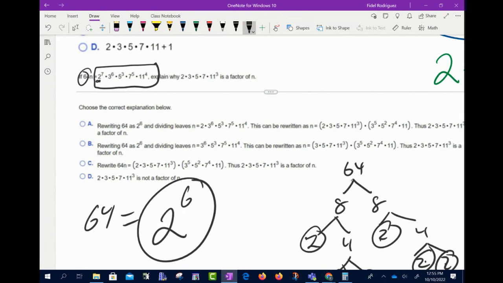I had 7, right? If I take away 6, would you guys agree that I'm left with 1, 2? Right? I didn't change my 3s. I didn't change my 5s. I didn't change my 7s. And I didn't change my 11. So my answer here is going to be choice A. Why? Because if 64 is the same thing as 2 to the 6th, and we had 2 to the 7th, that should mean that there's 1 extra 2 left over. Okay.